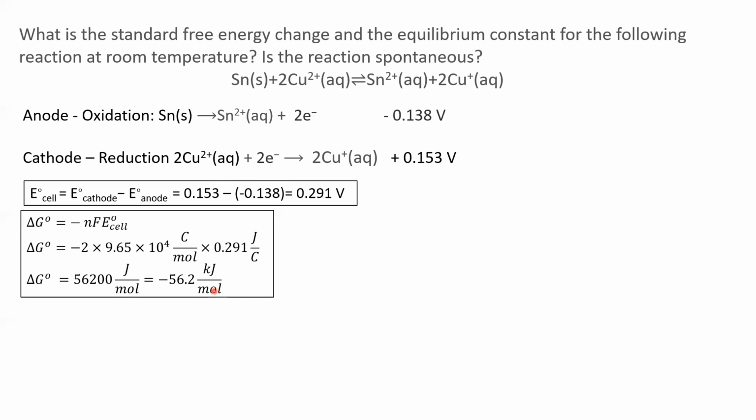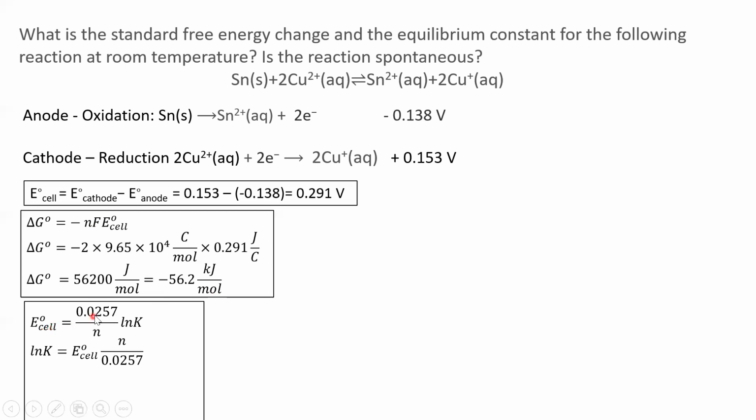Now that we know delta G and we know E, we can calculate K. We're going to multiply both sides by 0.0257 and divide both sides by 0.0257, multiply both sides by N, and that'll leave us with ln of K. So the ln of K equals E times N over 0.0257.